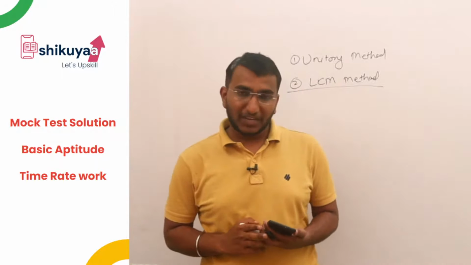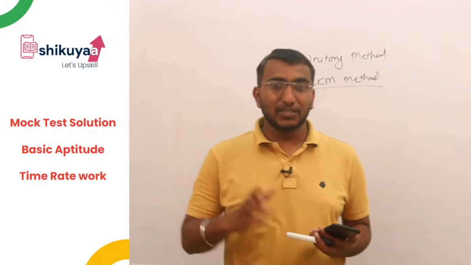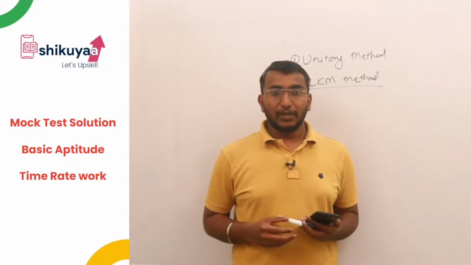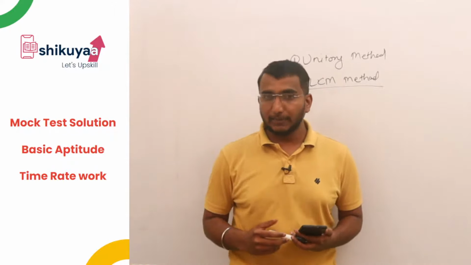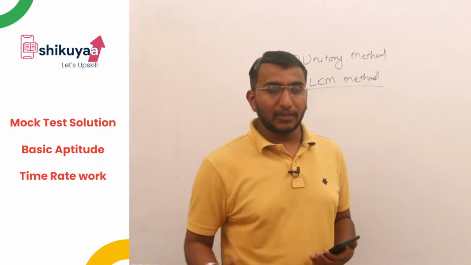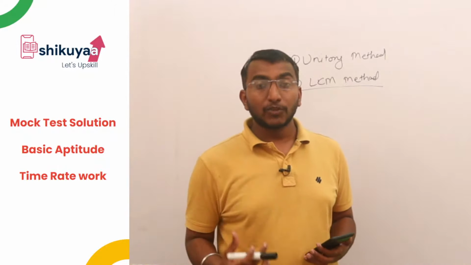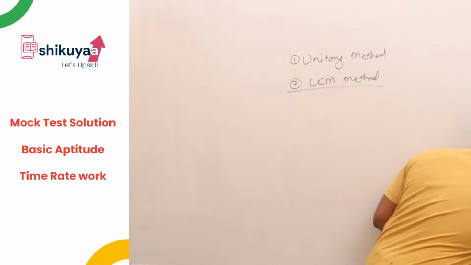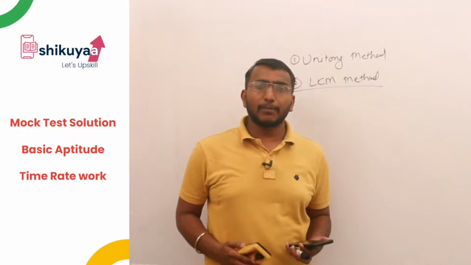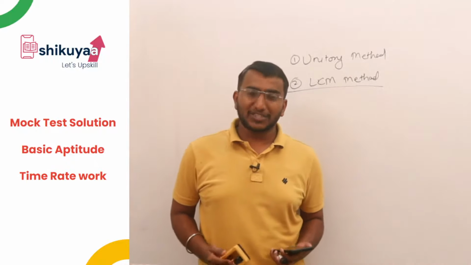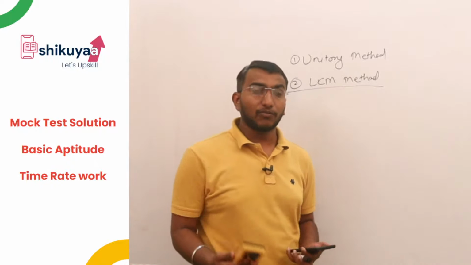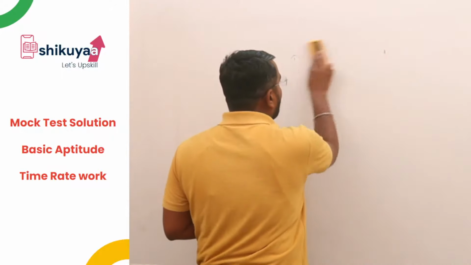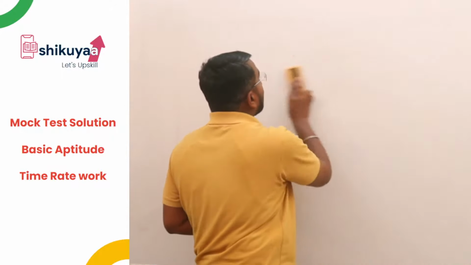The unitary method is very complicated or difficult when multiple people are involved in doing multiple work. So straight away I will explain the LCM method, which is much simpler, and you can solve the problems of time, rate, work within a couple of seconds by using it. So let us start solving the problems with the LCM method itself.